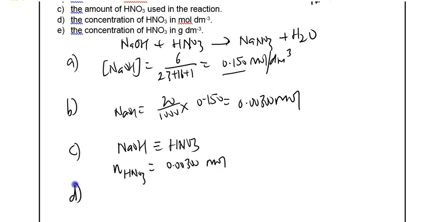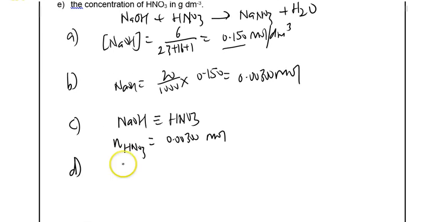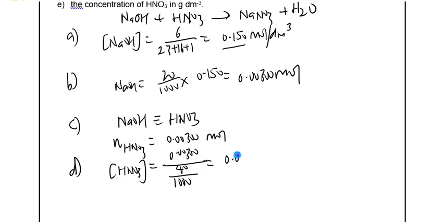Part D, what is the concentration in mole per dm cube? This 0.00300 moles of HNO3 came from 40 cm cube of HNO3. So the concentration is simply the number of moles divided by the volume converted into dm cube, and I have 0.0750 moles per dm cube.